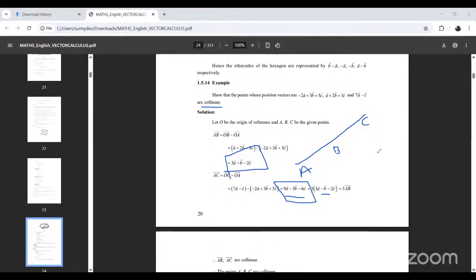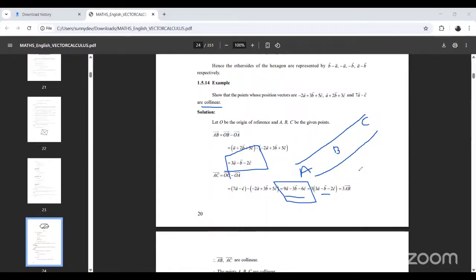Okay, sorry. So now you observe the distance between AC. The distance between AC is equal to 3 AB. That means the three points should lie on the same line. Understood? So this is the thing which we can say.